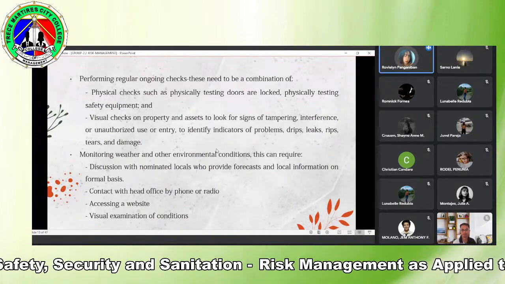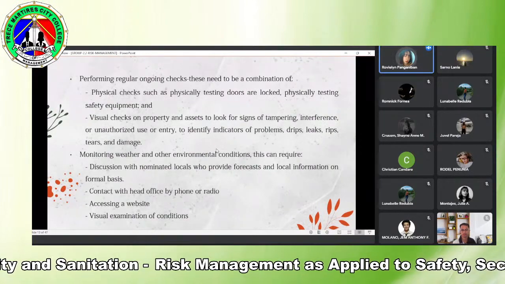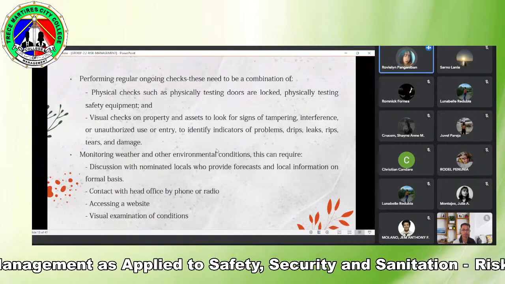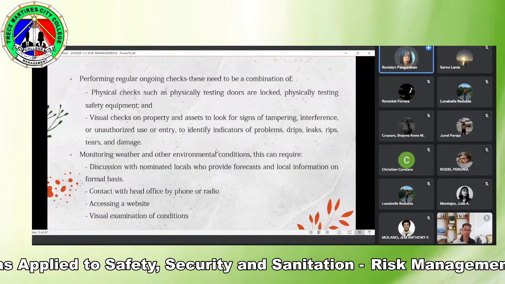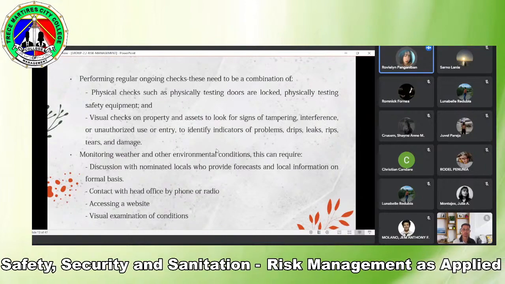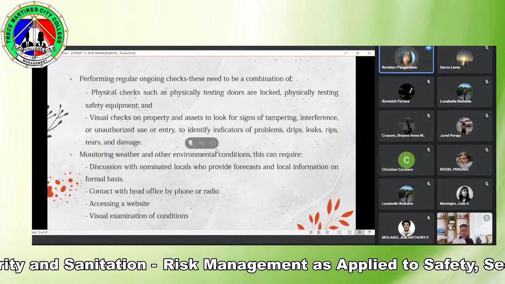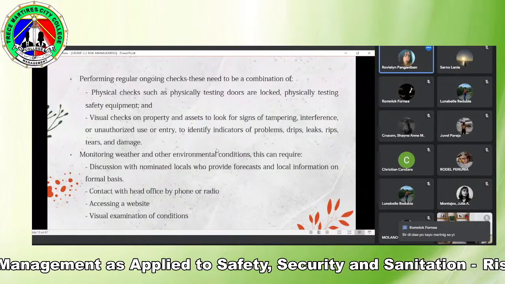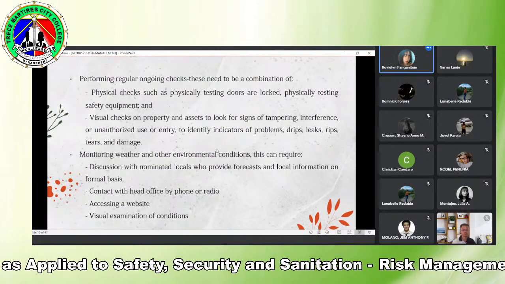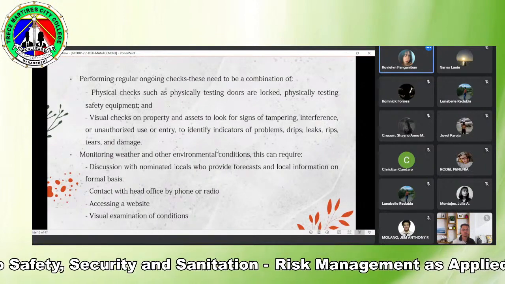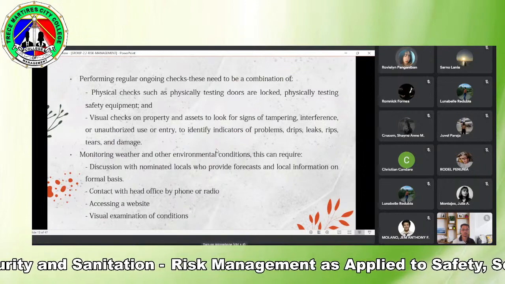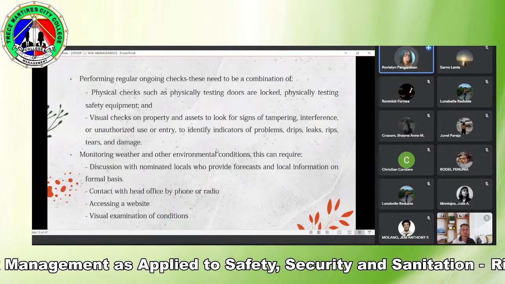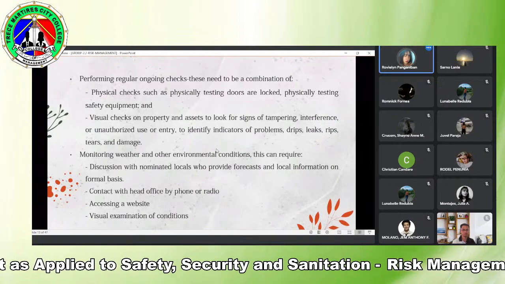So, performing regular ongoing checks, these need to be a combination of, first is physical checks, such as physical testing doors and locks, physical testing safety equipment, and visual checks on property and assets to look for signs of tampering, interference, or unauthorized use or entry, to identify indications of problems, drips, leaks, rips, tears and damages.